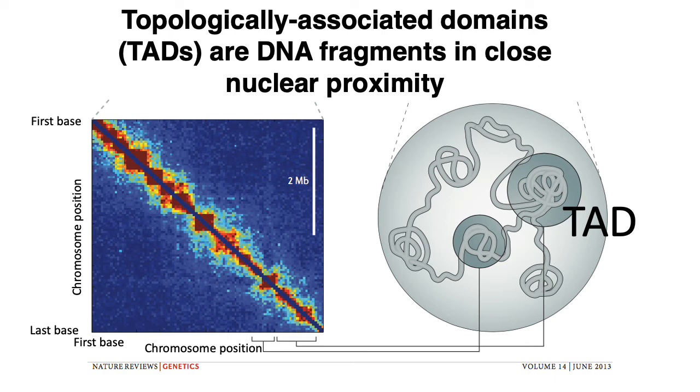What a TAD represents is the fact that entire domains or local contiguous regions on a chromosome tend to form a ball-like structure in the nucleus. Those ball-like structures are what are called TADs.